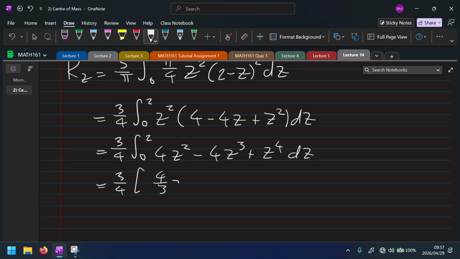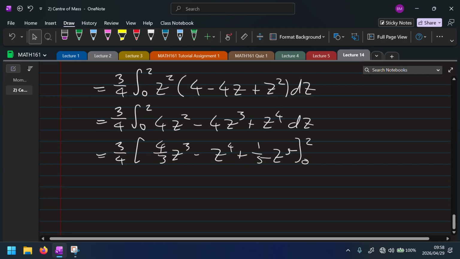So we have 4 over 3 z cubed minus z to the 4 plus a fifth z to the 5. Okay, and then over here, you can do your substitution. I'm not going to go through all of that again. You can do all of that. Right. Any questions for this example?